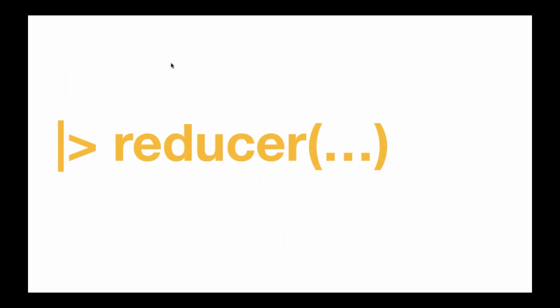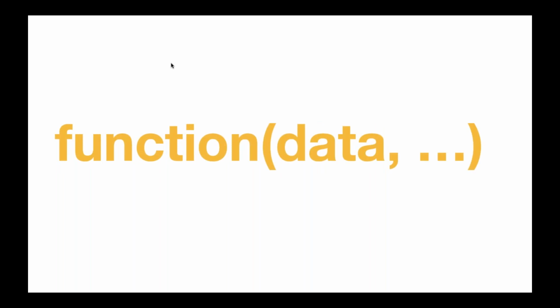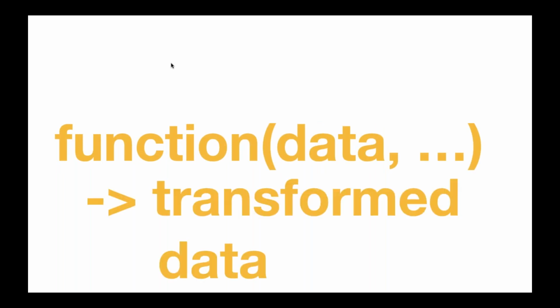So I have this concept of a reducer, which is a function that takes data of some type and returns that same data type transformed, right? So it could have zero or more arguments and still be a reducer in my book, even though it's not shaped precisely like an Elixir reducer.